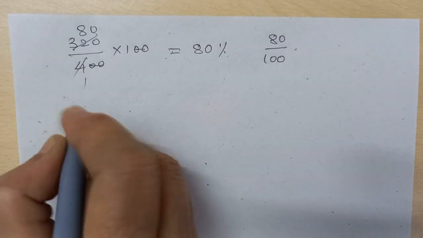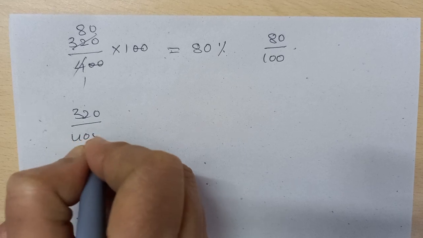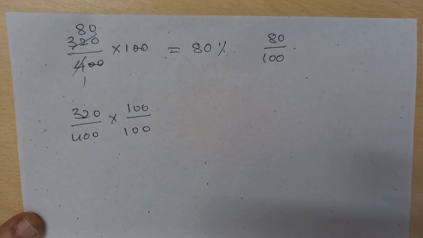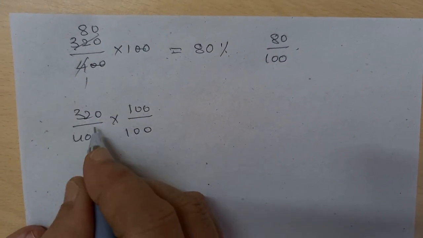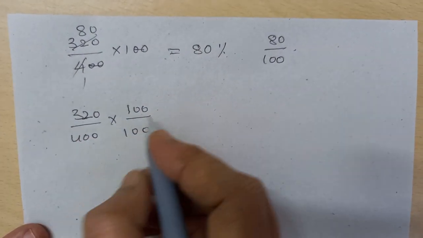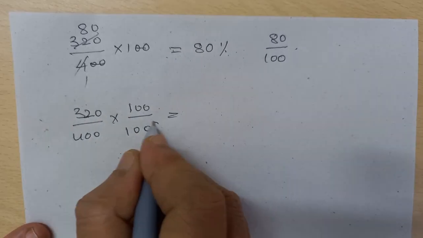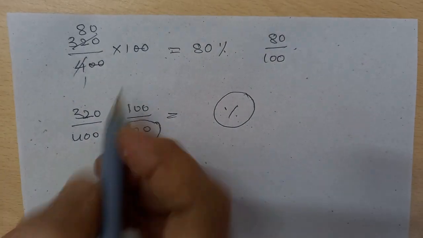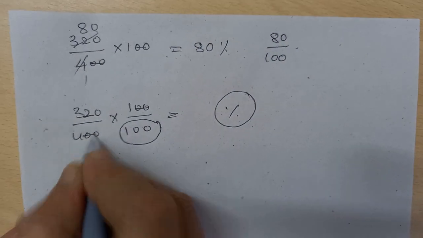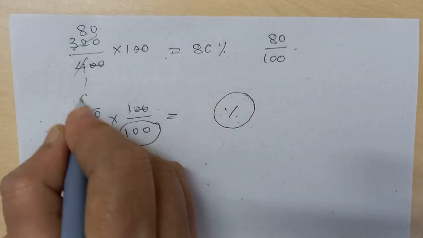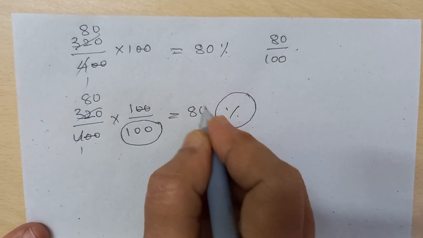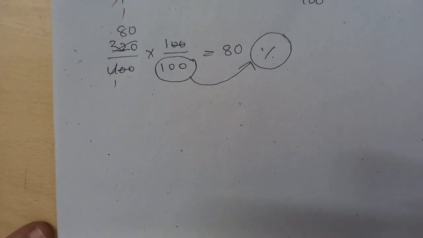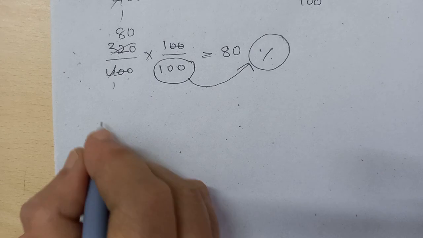How did we get this? 320 divided by 400 into 100 divided by 100. By multiplying and dividing the given fraction by 100, this 100 is written as percentage and we solve the given fraction. It is 80%. This is how we write the percentage.